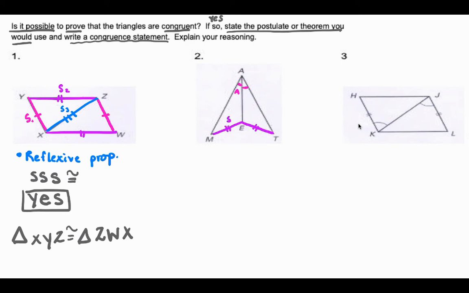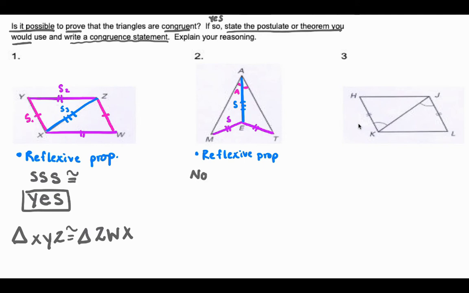And then, like the previous problem, we have the reflexive property, which will allow us to identify that this shared side that's between them is also congruent. So I now have 3 pieces of information. Unfortunately, it is not one of my ways to prove congruence.